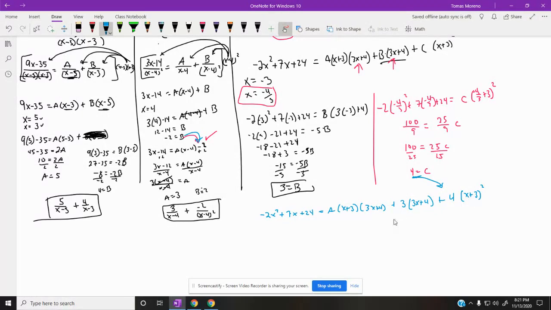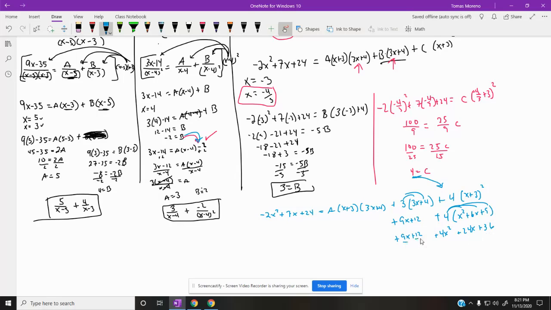So I have to do some stuff here. Right here, I'm just going to work this real quick. So this becomes 9x plus 12. I have to expand this out before I can multiply it, which is x squared plus 6x plus 9. And now I have to multiply this. I get 9x plus 12 plus 4x squared plus 24x plus 36.